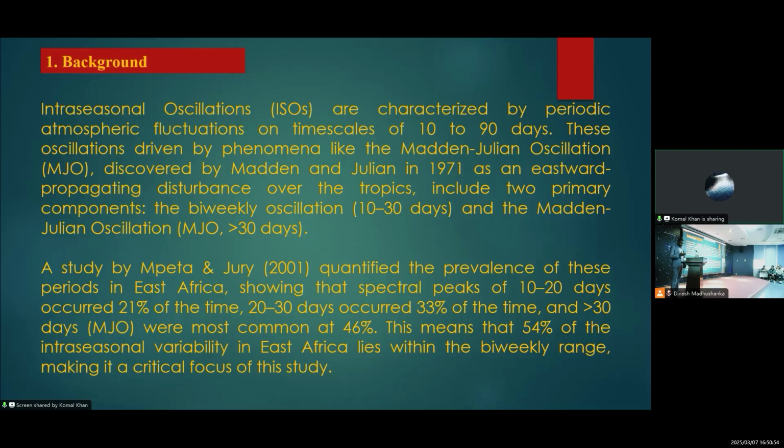But Mpeta and Jury, 2001, discovered the signal was also found in East Africa, this 20 to 30. And they found that the biweekly component covered around 54% of the intraseasonal variability in East Africa.